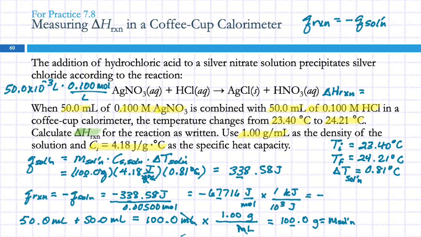And so we're going to get minus 67.716 kilojoules per mole, which is negative 68 kilojoules per mole. Any questions?